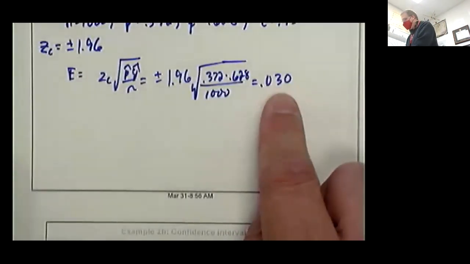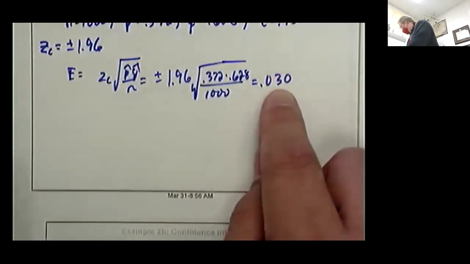So what do we have? Well, we're going to subtract and add that, not to the mean, but now to our population parameter. So we're going to take our 0.628.